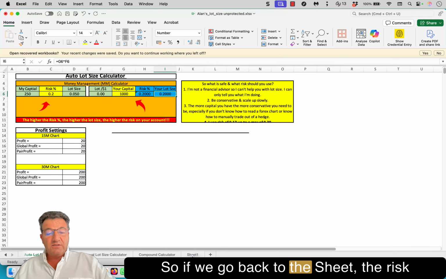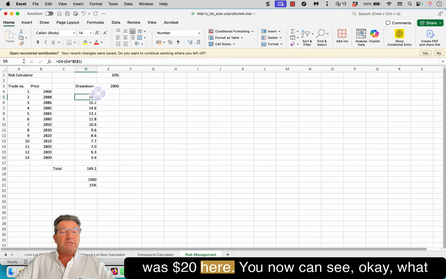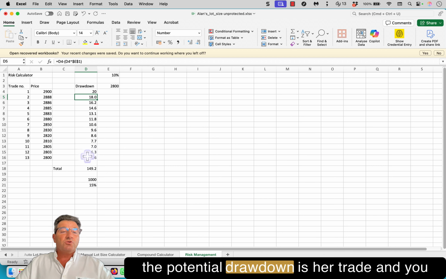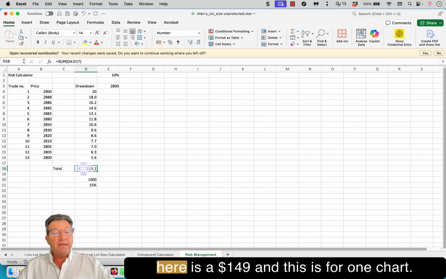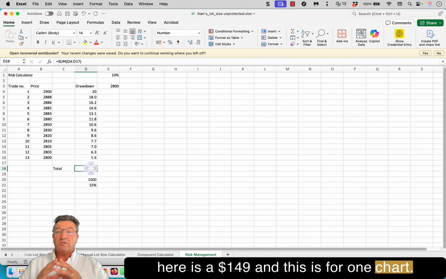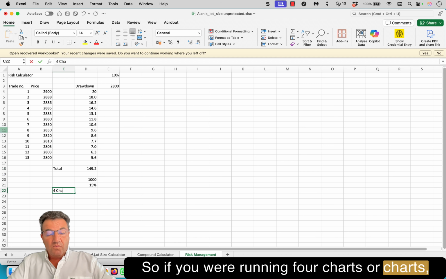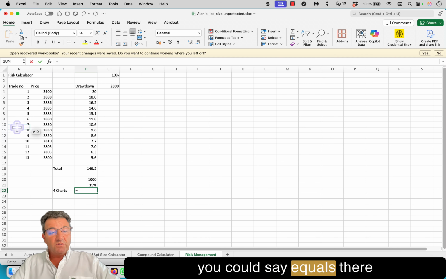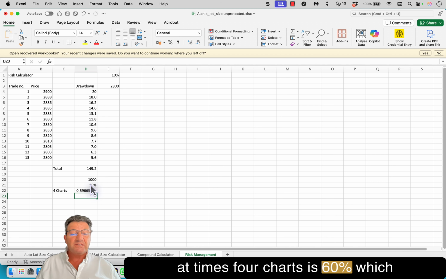So if we go back to the sheet here, the risk management, let's say the risk was $20 here. You now can see what the potential drawdown is per trade. And you can see here the total drawdown is $149, and this is for one chart. So if you were running 4 charts, you could say that times 4 charts is 60%.